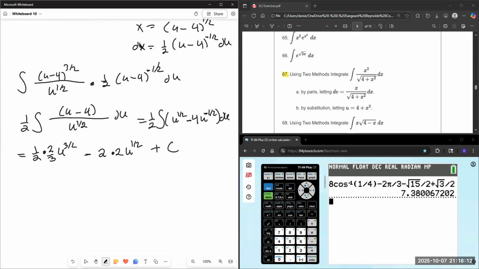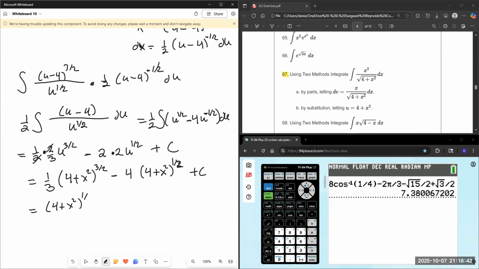That will give me 1/3. U is 4 plus x squared, so 4 plus x squared to the 3/2 minus 4 times 4 plus x squared to the 1/2 plus c. So pull out our 4 plus x squared to the 1/2 and our denominator of 3, just like before.